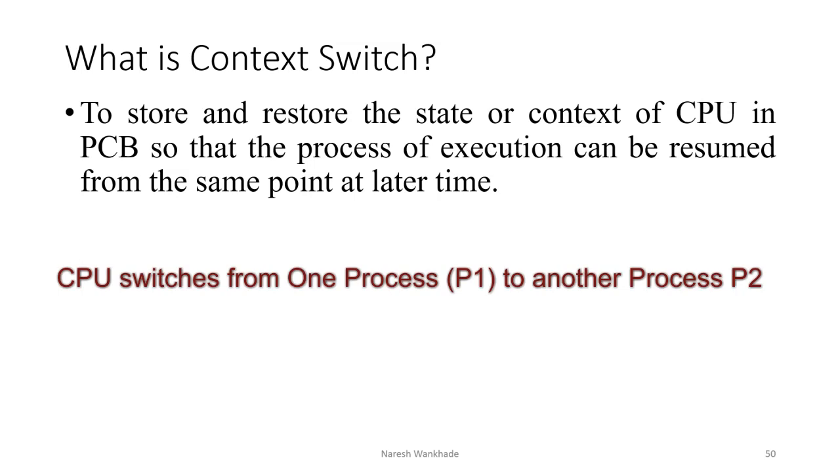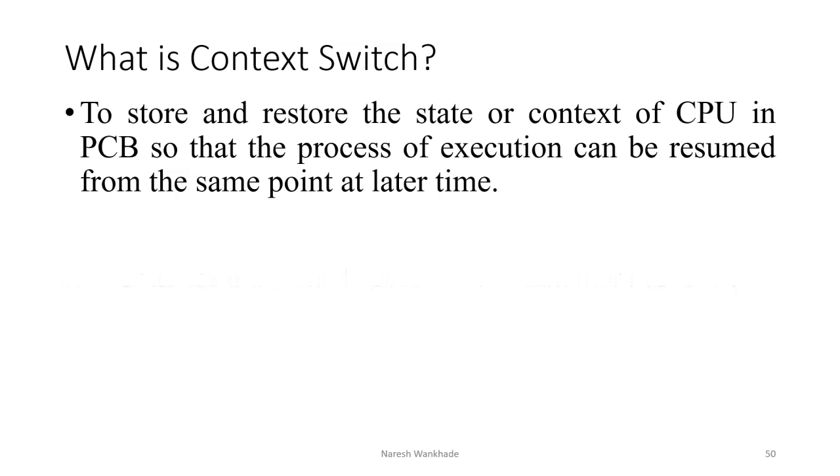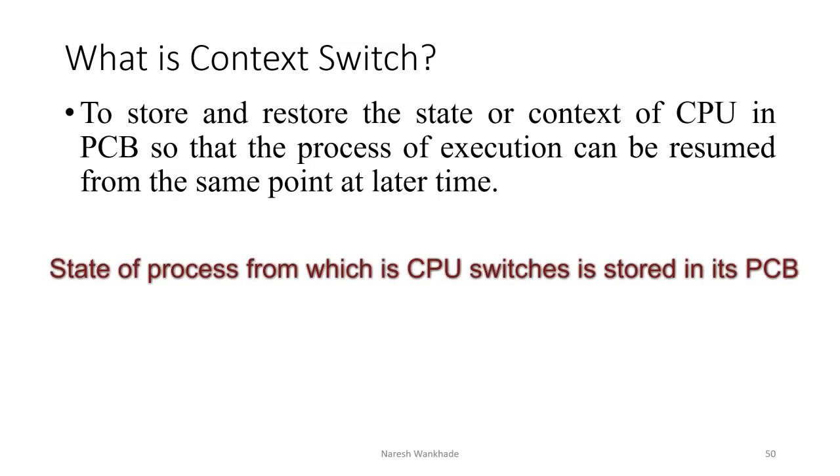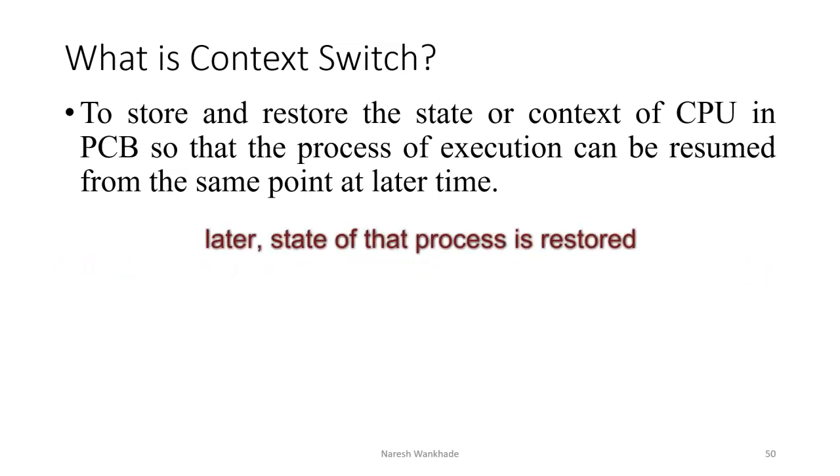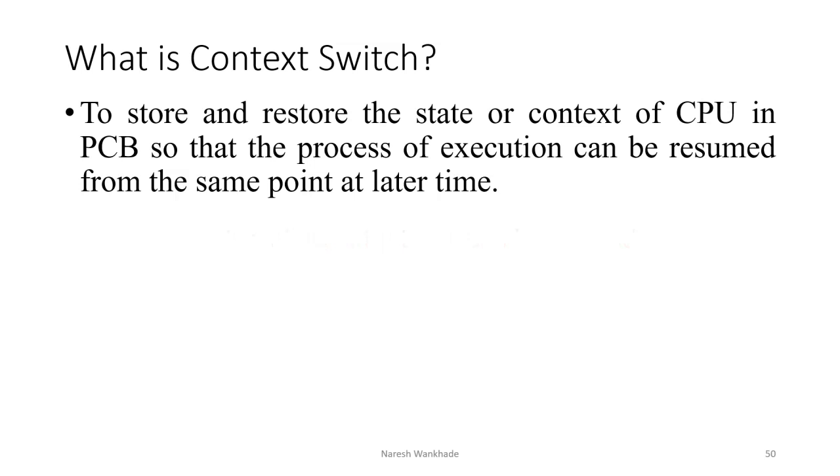It means when the CPU switches from one process to another process, the state of the process from which the CPU switches is stored in the PCB, and at a later time that state of the process will be resumed at the same point. That is context switching.